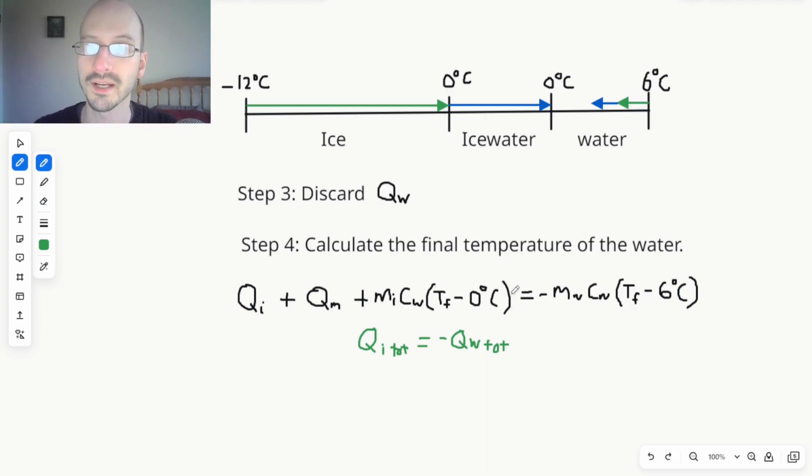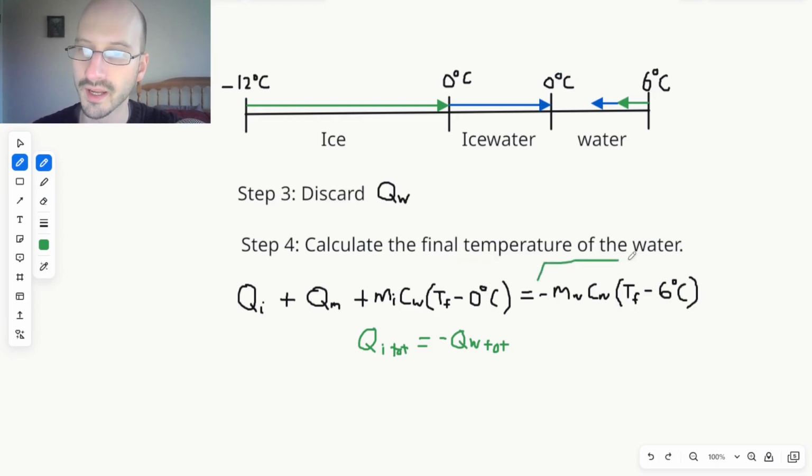So the portion of time that the matter that used to be ice is warming as water starts at 0 degrees. So Q ice is minus 12 to 0, Q melting is 0 to 0, and this final step is 0 to whatever the final temperature is.